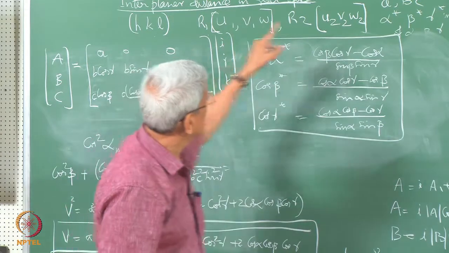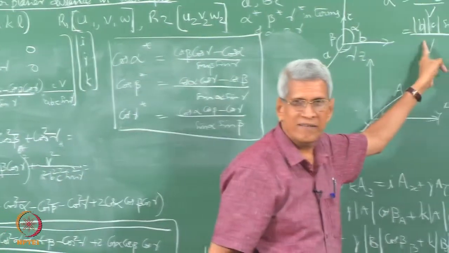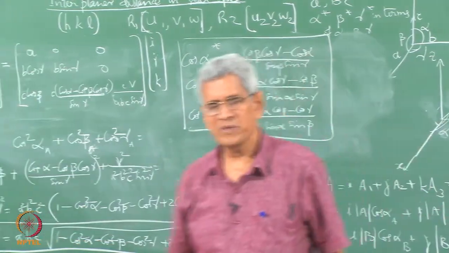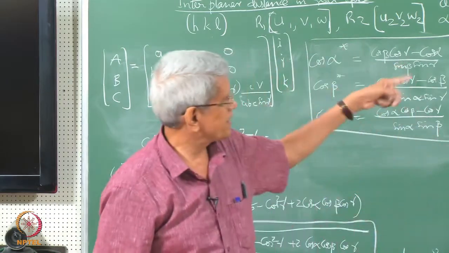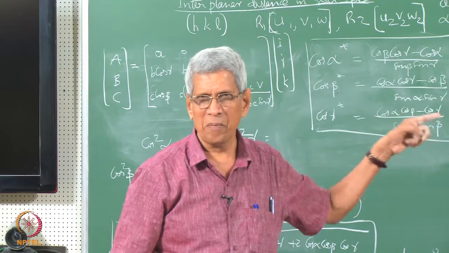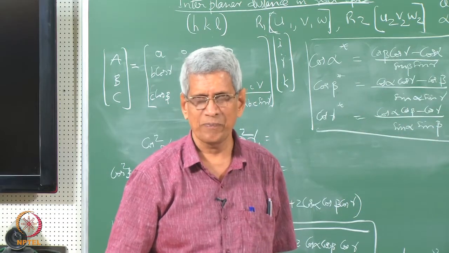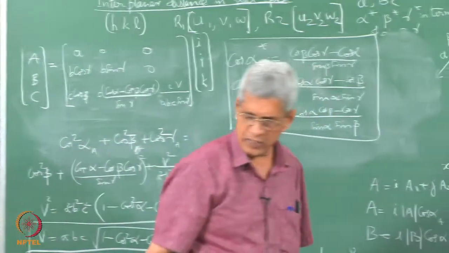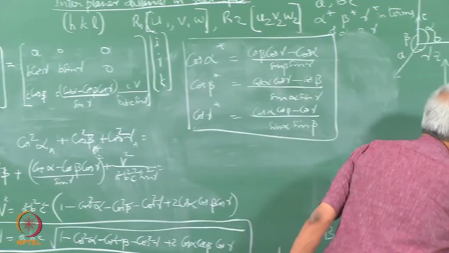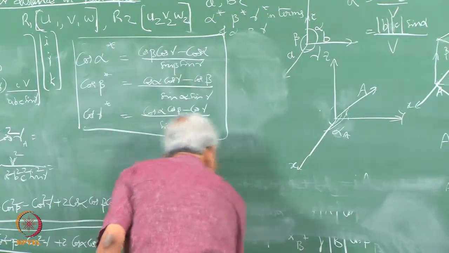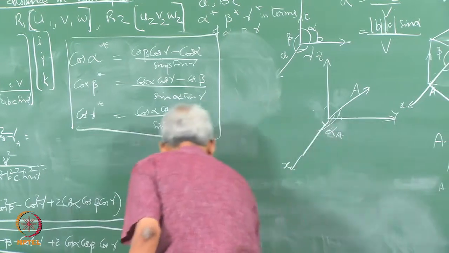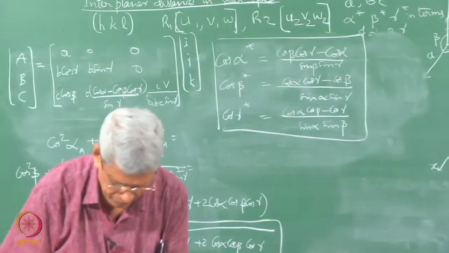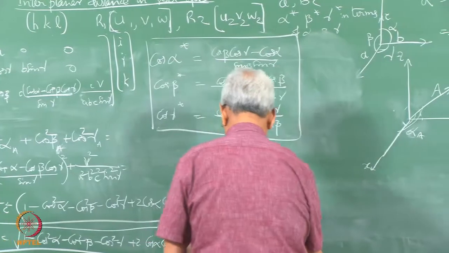Similarly, this expression gives a star, b star and c star in terms of a, b, c and the angles alpha, beta and gamma in the real space system. And now the expression which we have written for d star hkl, I will just write down that expression again.